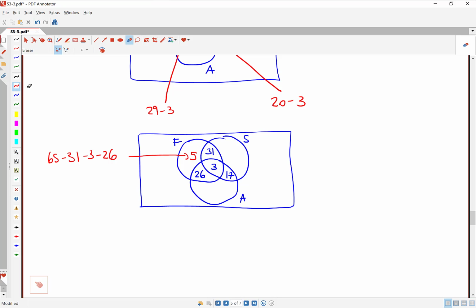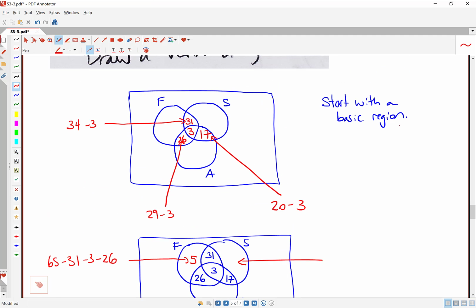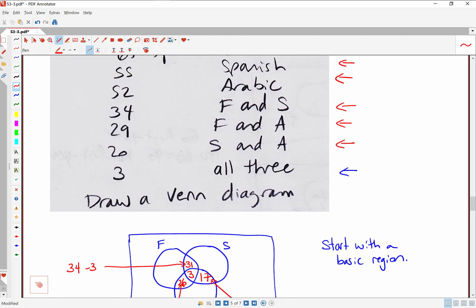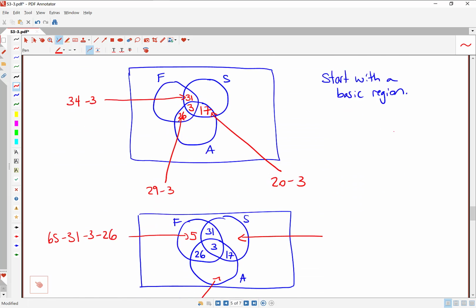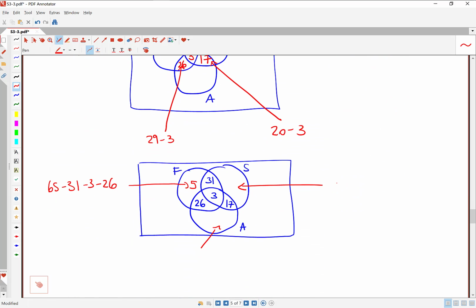In a similar way, we're going to be able to get this number from the total number of Spanish speakers and this number by talking about Arabic speakers. So let's look up at the numbers. We said that 55 employees speak Spanish. All right, so let's go 55 minus the 3 other numbers that we've already got in the circle for Spanish.